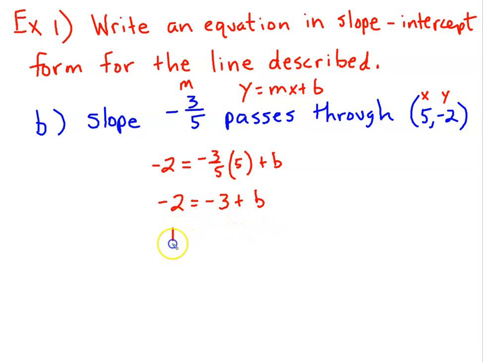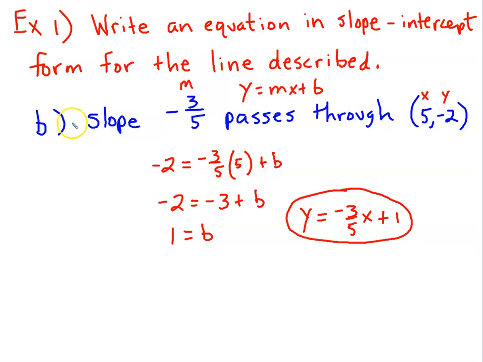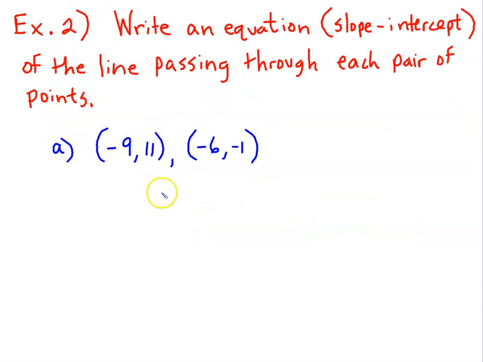Adding 3 to both sides, we get b is 1. And so putting our answer in slope-intercept form, we have y equals -3/5 x plus 1. And that's the answer for example 1b.